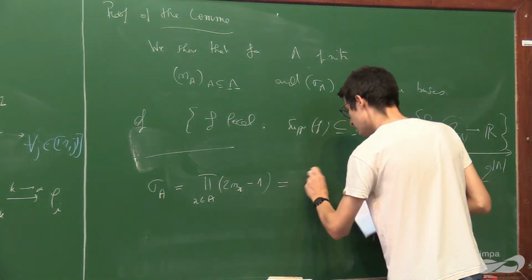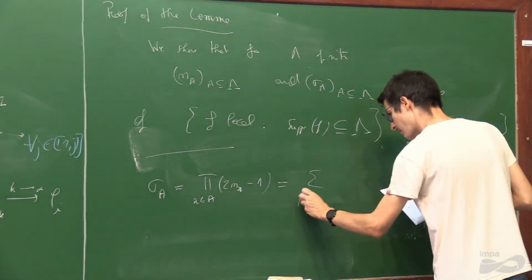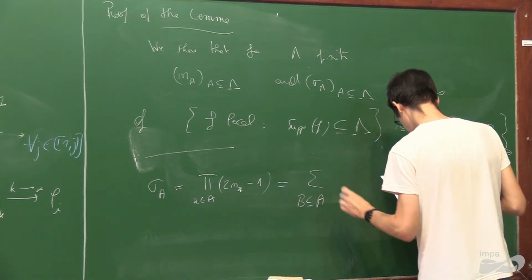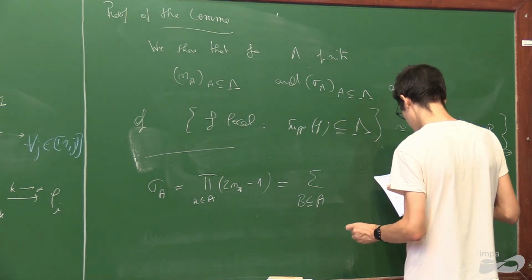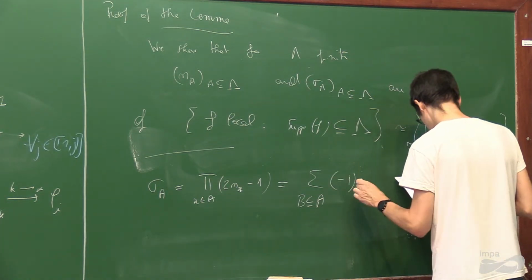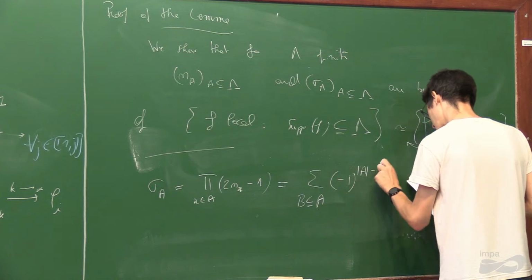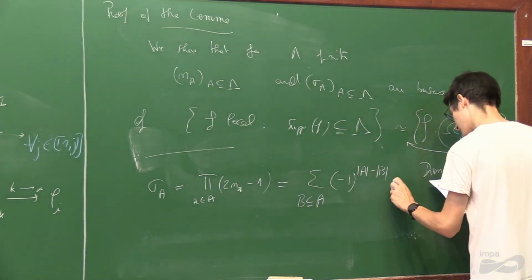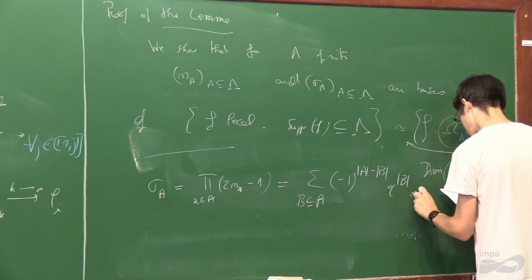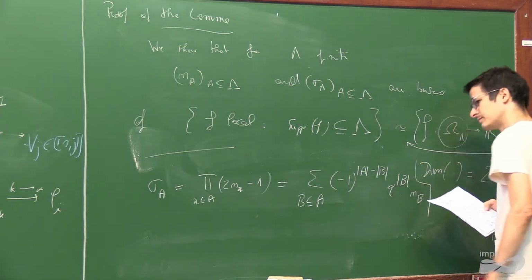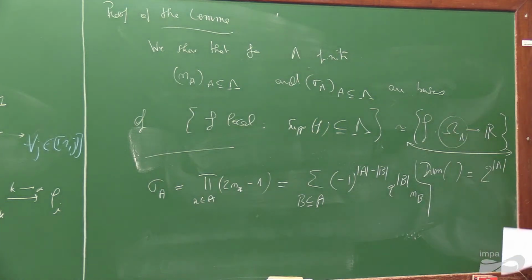Using binomial expansion, I get that this is a sum over the subsets B in A of minus 1 to the A minus B, times 2 to the B, times N_B.